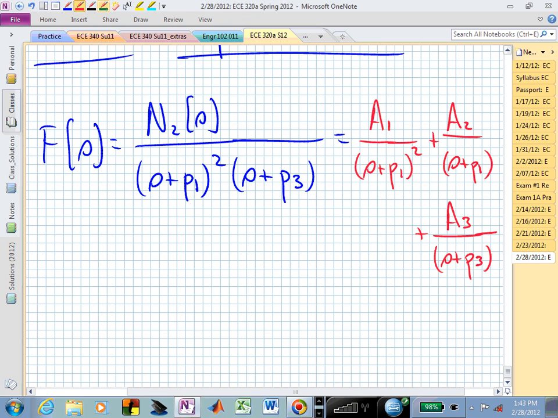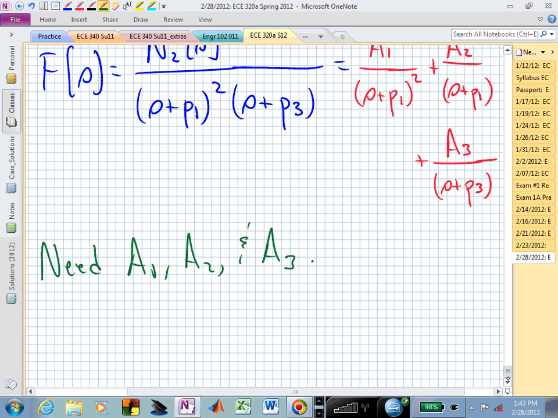And really all we need now are the same things. We need to find a1, a2, and a sub 3. How do you think we will find a sub 3?